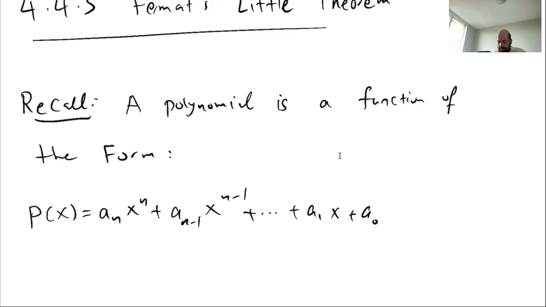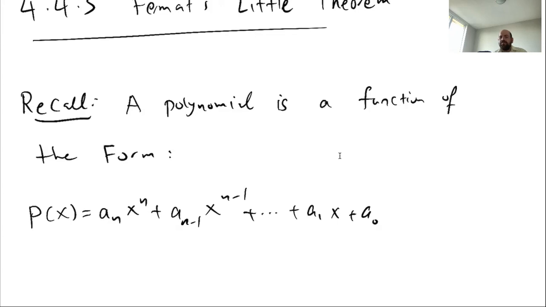And n is a non-negative integer called the degree of p of x. So n is equal to the degree of p of x. So this is the definition of a polynomial.